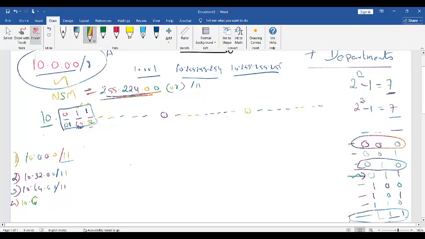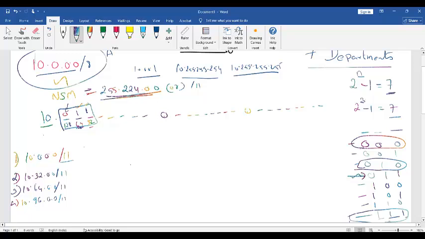Is it not 96? 64 plus 32, yes, 96. Why are we adding that too? Now I'm just looking at bits 128, 64. 128 is 0, so that value is off. Only the 64 and 32 are on, so only you need to add those values. Okay, you understood? Yes, I got it, sir.